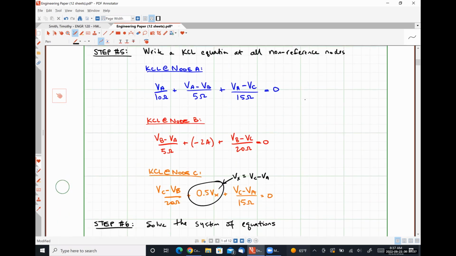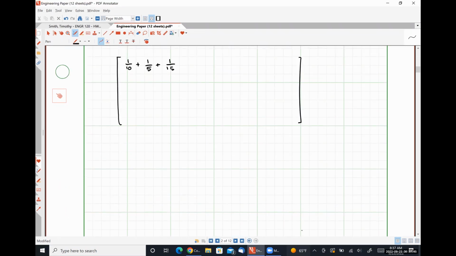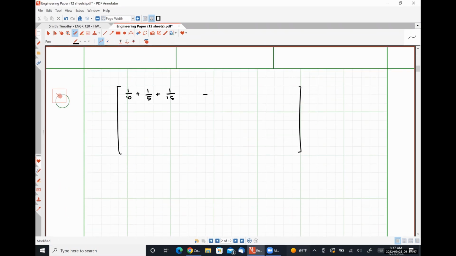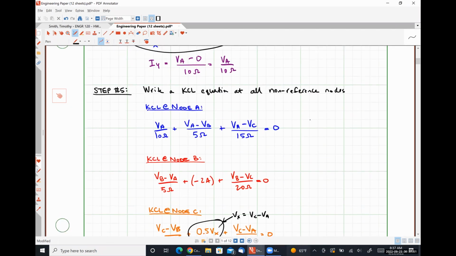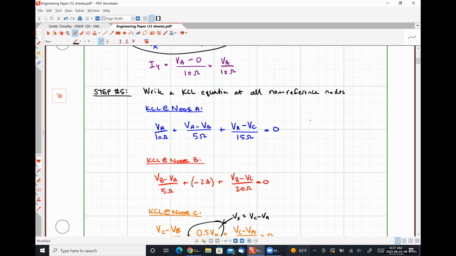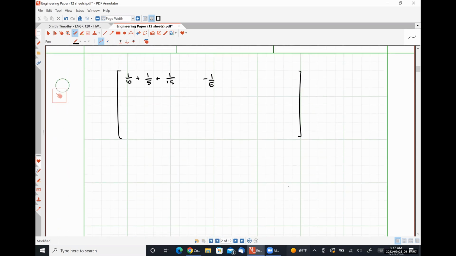My coefficient for VB for my KCL at node A equation is just -1/5. Everybody see that? My coefficient for VC from my KCL at node A equation is just -1/15. Sorry, I scrolled slightly too far.